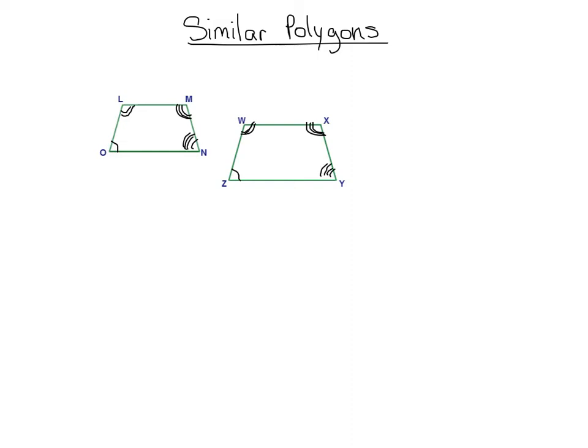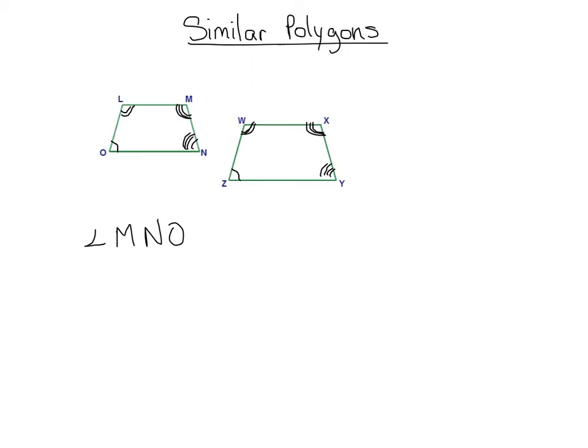Now there's something important about the corresponding angles. As we just looked at, we know that O is corresponding to Z, L is corresponding to W, and so on and so forth. So if I name my first polygon L, M, N, O, in this order, starting at L, I have to make sure I do the same order when I'm naming this polygon.